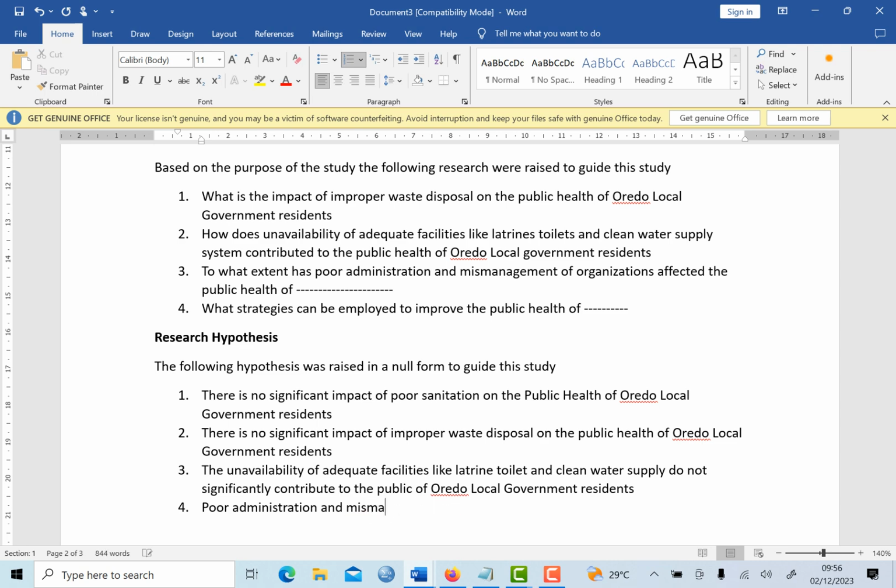Mismanagement of organizations do not affect the public health of Oredo local government residents.